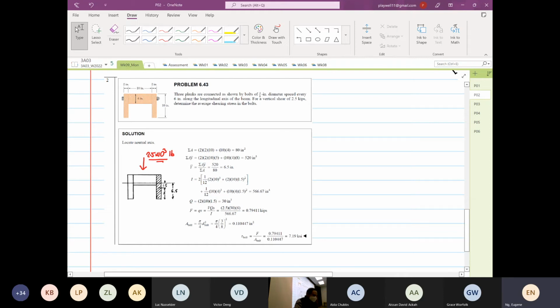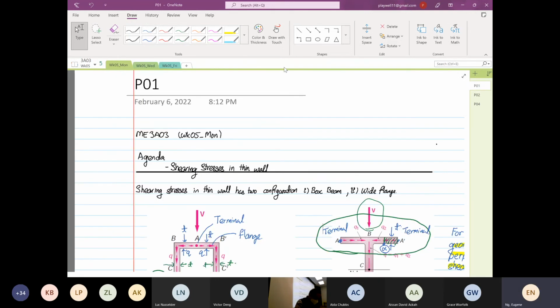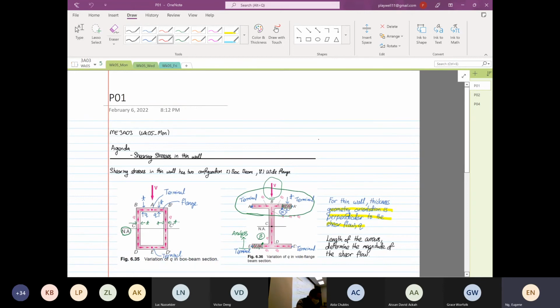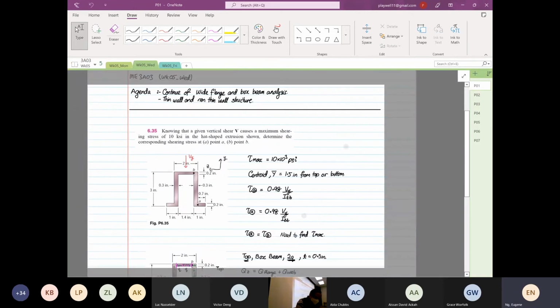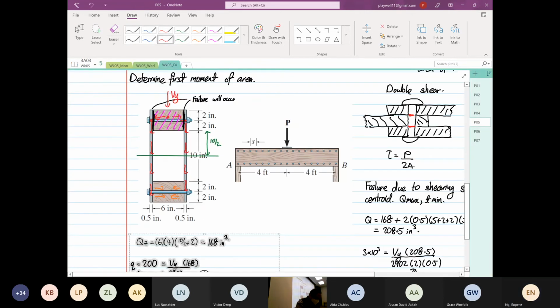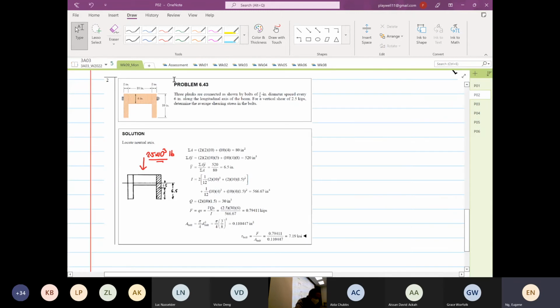So some students send me an email, Eugene. If I were to go back to an example from one week ago, we have a very similar example. So students start referring to this example. Nothing wrong with that.